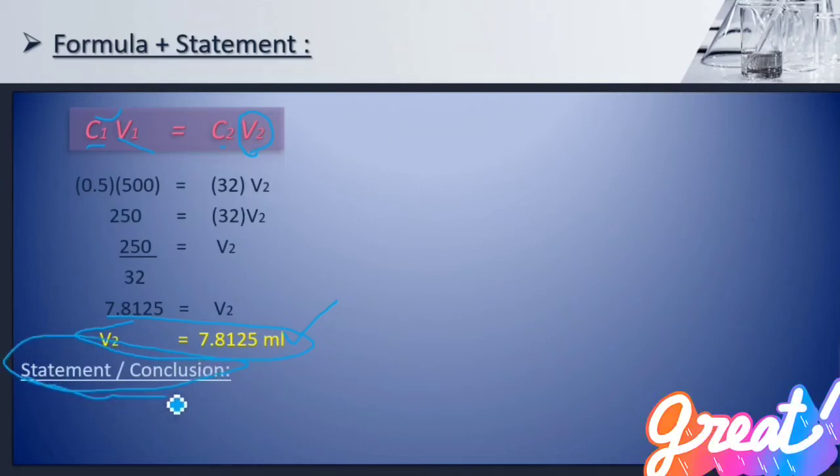This is the crest or lifeline of any experiment. The statement would be your answer. So whenever you do any experiment, please be careful about writing a statement and always write it, because it is your answer.